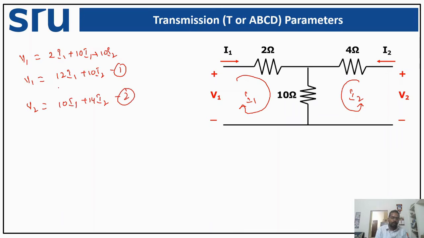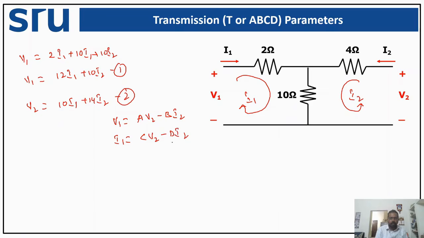If you observe here, this is something looking like our Z parameters. But what we require is the equations in this particular form, that is V1 equal to A into V2 minus B into I2, and I1 is equal to C into V2 minus D into I2.